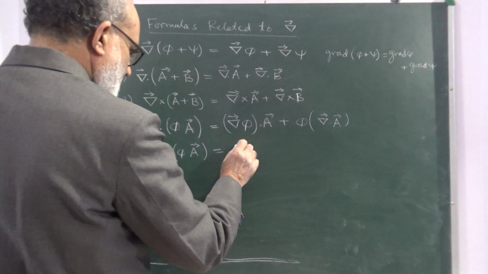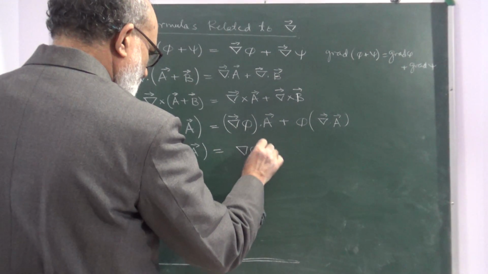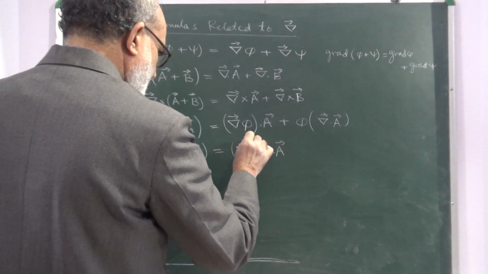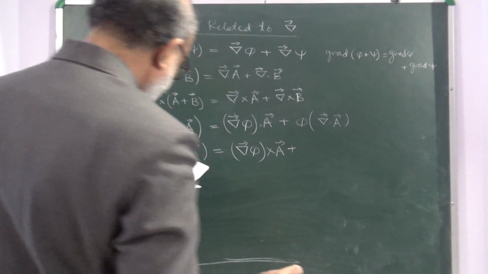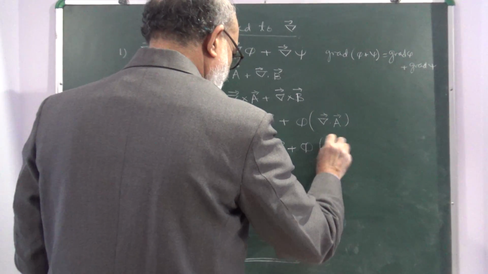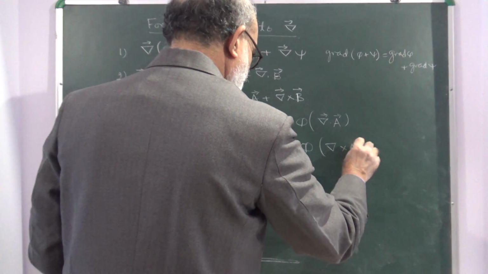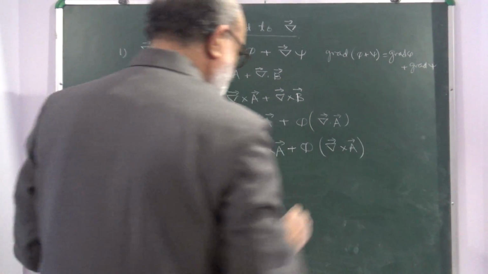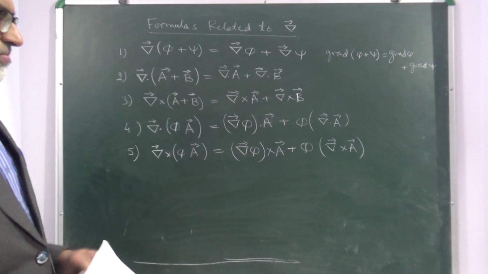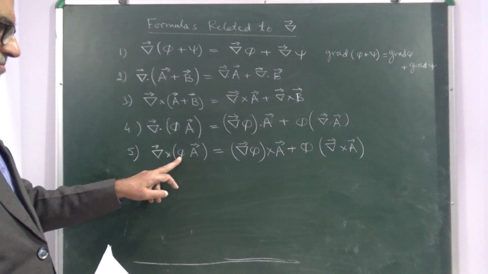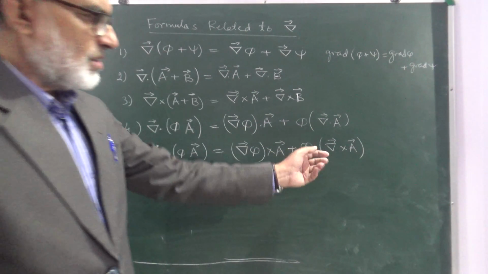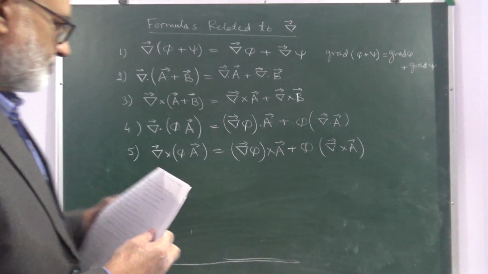This is again just divergence. You can remember it just like this is a product of two functions. First operating on this and the curl remains outside. Then the phi curl of A.